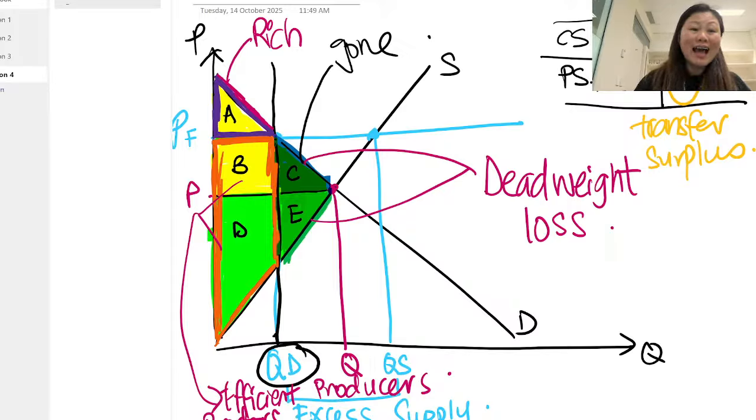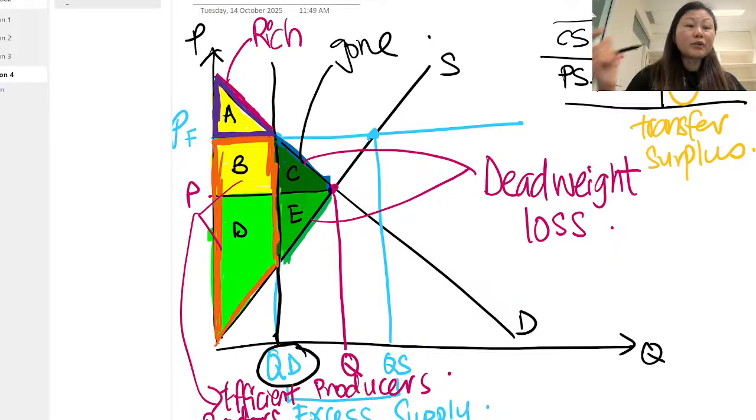The producers that are left out in sector E, and the consumers that are either left out or ended up paying a higher price in sector A, sorry, not sector B, losing out completely in sector C. And only that little bit of the consumers in the red line, the rich, are able to obtain the goods, but they were paying a much higher price.